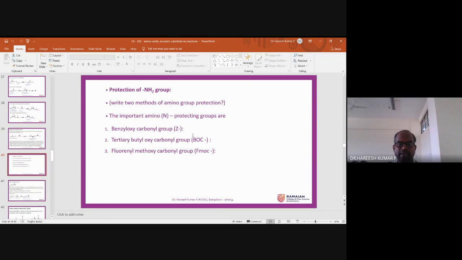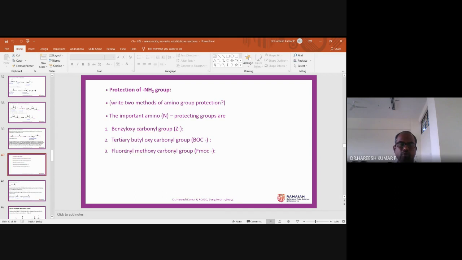Then it's called BOC. BOC means tertiary butyl oxy carbonyl. B stands for butyl, O stands for oxy, C stands for carbonyl. Normally butyl oxy carbonyl means it should be a tertiary butyl oxy carbonyl. This is also an N protecting group or amino protecting group.